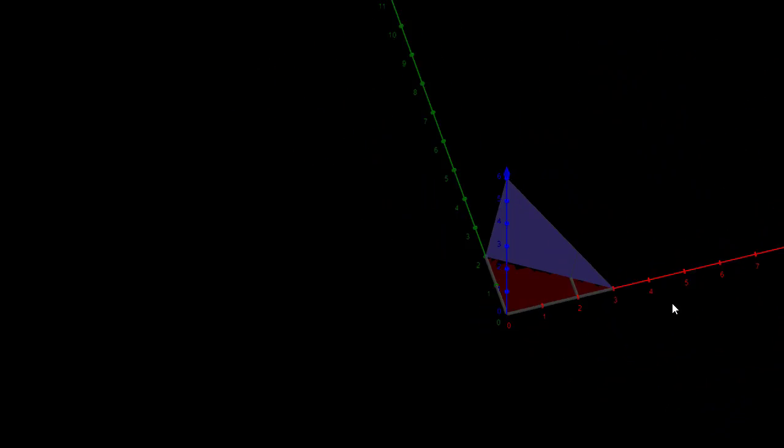So we see the top of this prism is here in purple, while the base is in red. The base, in terms of z, is when z is equal to 0.